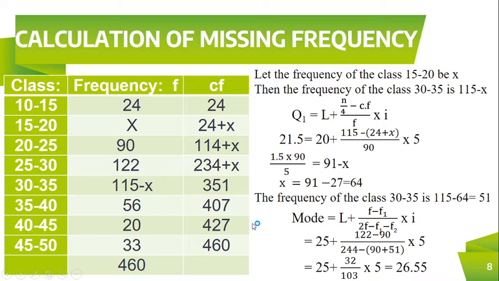When you find the missing frequency, let us take the missing frequency as X, and let us take it as 24 plus X. So that plus 90, the CF, 114 plus X, again CF plus 122, so 234 plus X. Now this plus 115 minus X, so 351, 56.